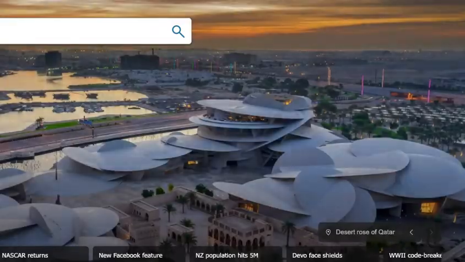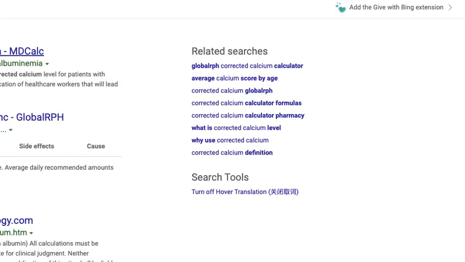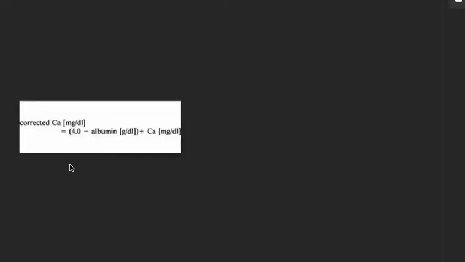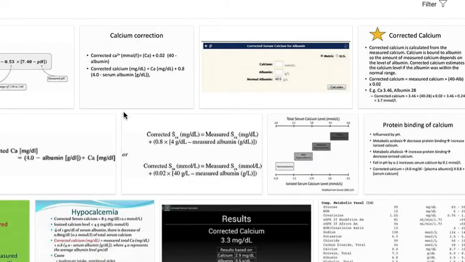Corrected calcium calculators are also there, but I just wanted to show you a very simple calculation. Corrected calcium is equal to 4.0 minus albumin, plus calcium in milligram per deciliter. This one you can use.